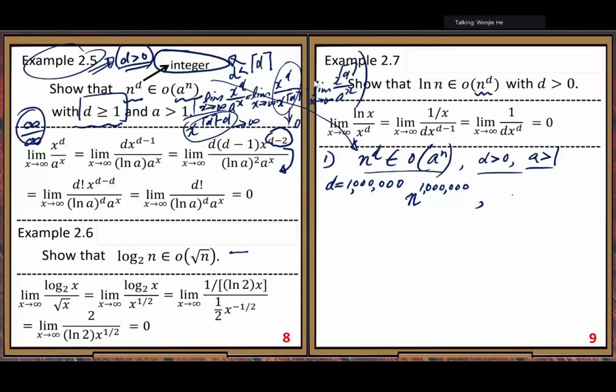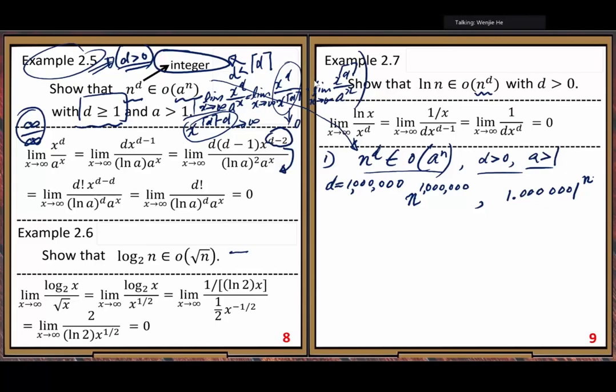This function is 1.0, many zeros, then 1, because a must be greater than 1, but I just make it a little more than 1. Very close to 1, right? Then I raise it to the nth power, exponent n. These two functions.